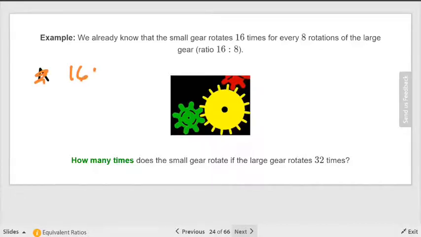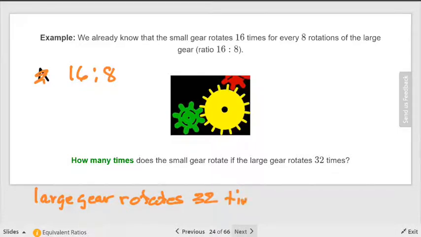We have a ratio of 16 to 8. Now, be careful. You might be tempted. So what we did is we want to know how many times the small gear goes if the large gear rotates 32 times. So be careful which thing you're basing the numbers on.